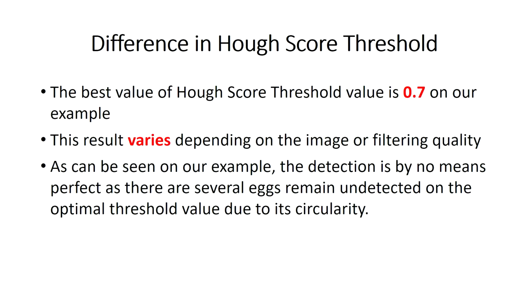In summary, the best value for whole score threshold is 0.7 in our example, and this result varies depending on the image or filtering quality. If you have a really good image or video and the filtering quality is already good, you can set it to 0.9 and it will select everything perfectly.